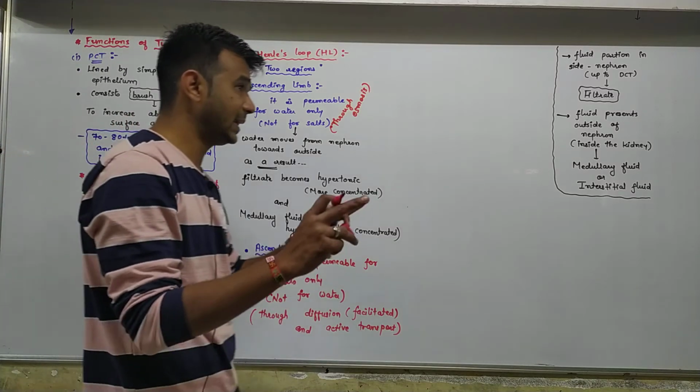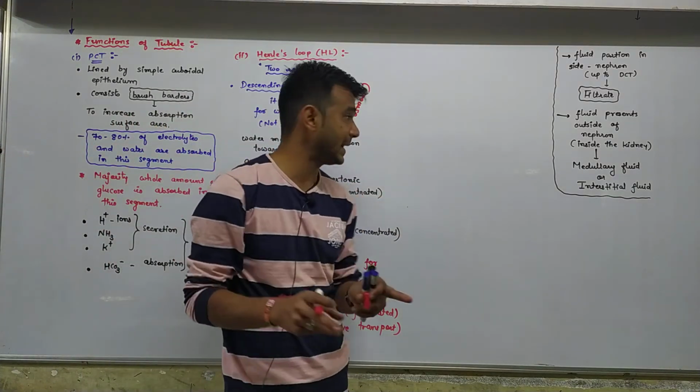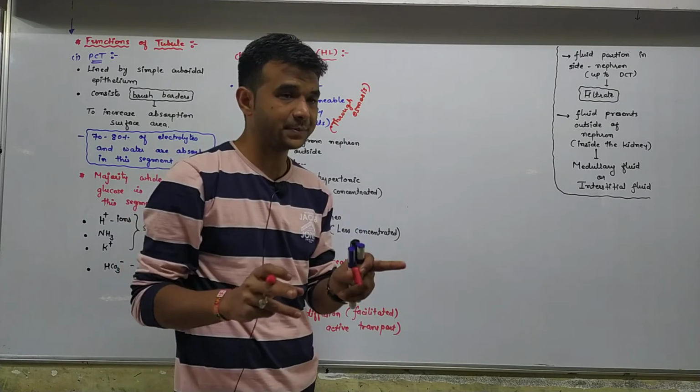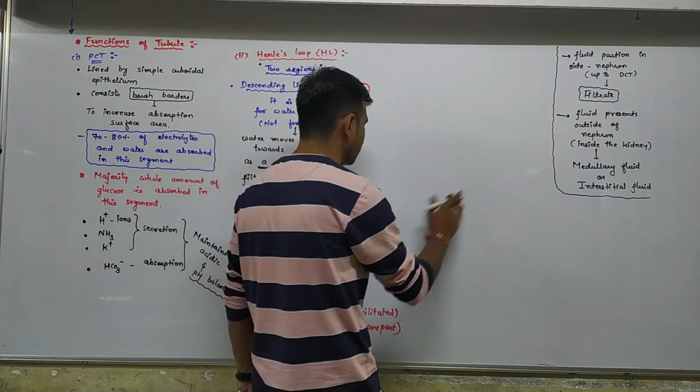Now, at the time of drawing the nephron diagram, I properly explained that the ascending limb possesses two parts.